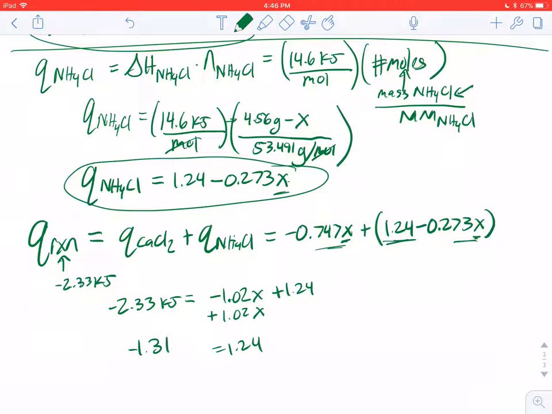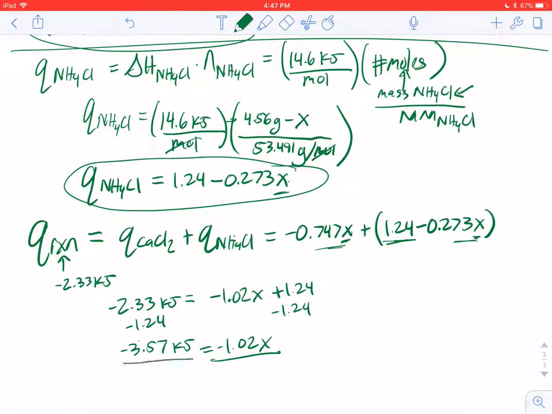Oh, I'm combining the wrong terms here. We always make mistakes. It's okay. So what we're going to do is we're going to subtract 1.24, subtract 1.24, and so we're going to get negative 1.02x equals our negative 3.57 kilojoules.